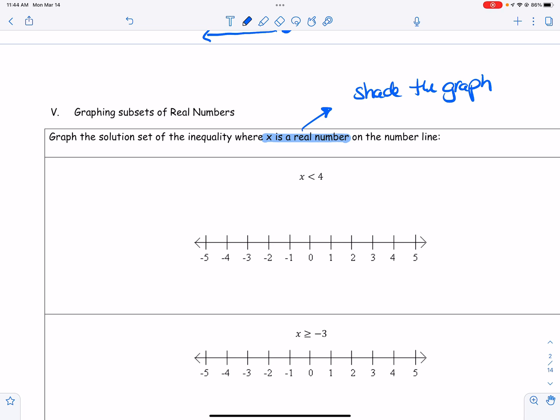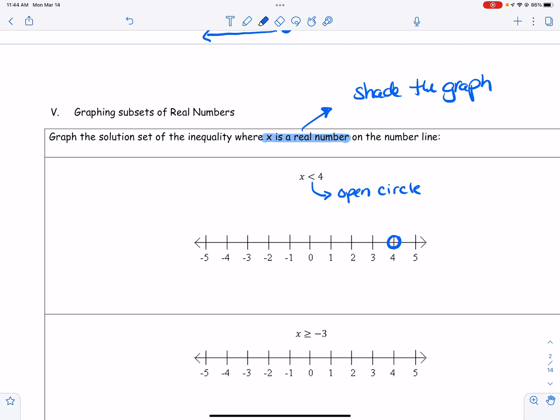The very first thing we're going to do is learn how to represent this inequality. When I want x is less than 4, this symbol tells me that it is an open circle because 4 is not included. So I'm going to put an open circle on the number 4.